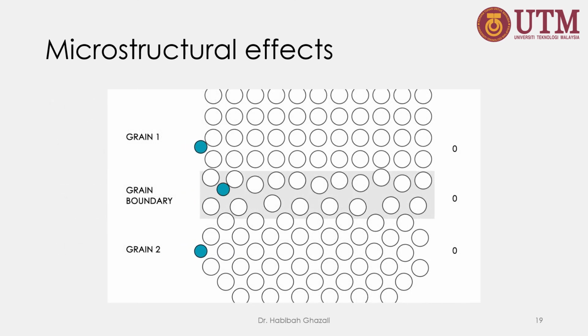The atoms diffuse through the grain boundary at a faster rate due to the disruption in the lattice, which provides a greater vacancy concentration. You can see through this animation that through the grain boundary, the atoms can diffuse at a faster rate compared to the diffusion of the atoms through the grain itself.